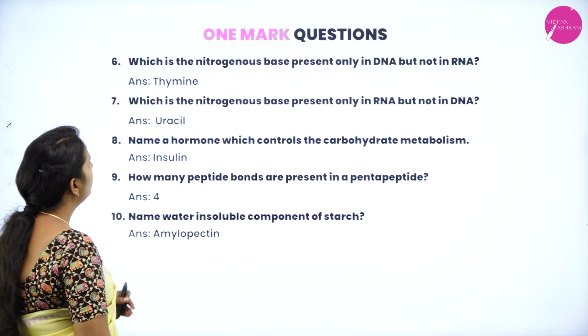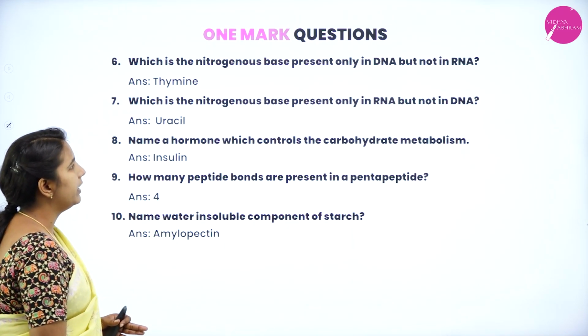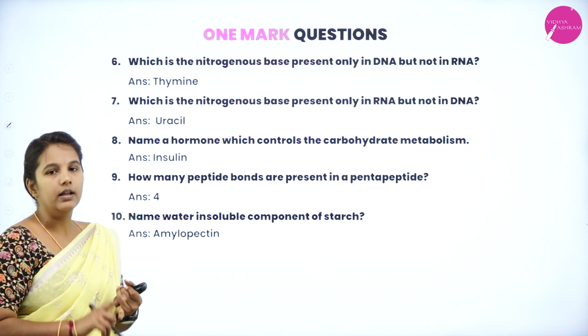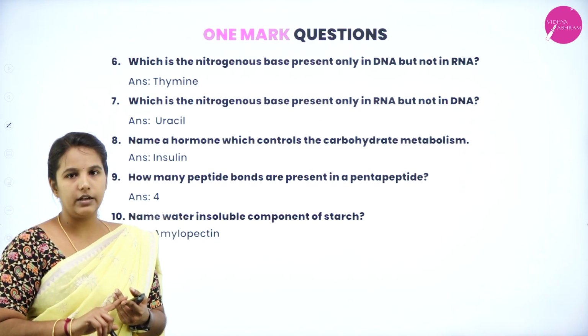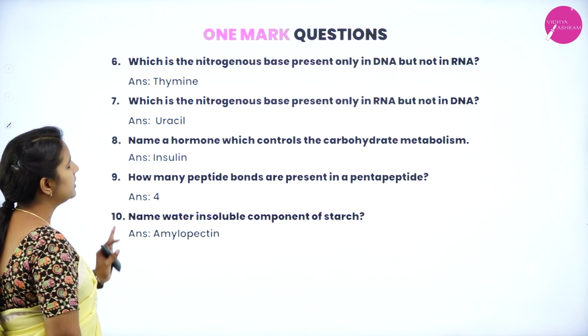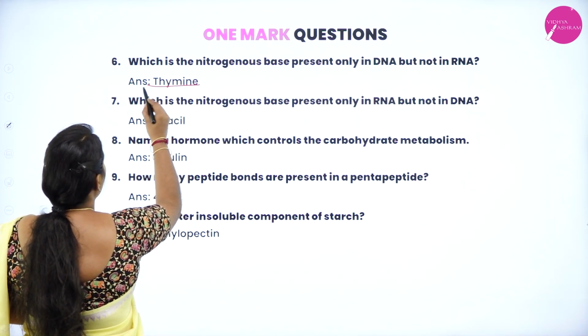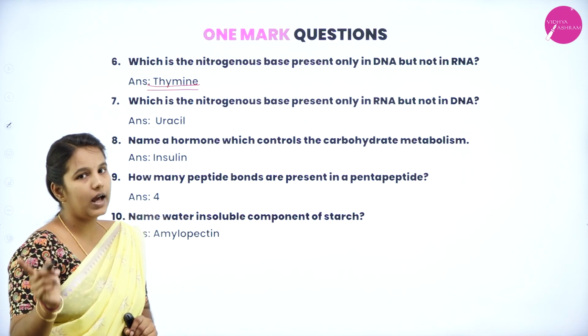Next question, what is a nitrogenous base present only in the DNA, not in the RNA? We know that in a DNA, we have adenine, guanine, thymine and cytosine. Correct, no? So, in case of DNA, we have a nitrogen base known as thymine which is present only in the DNA, not in RNA.